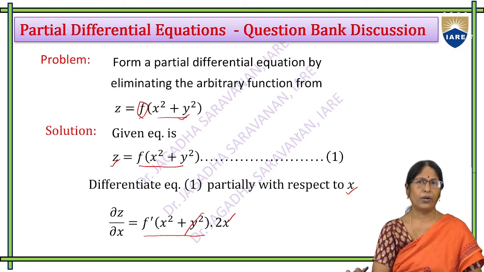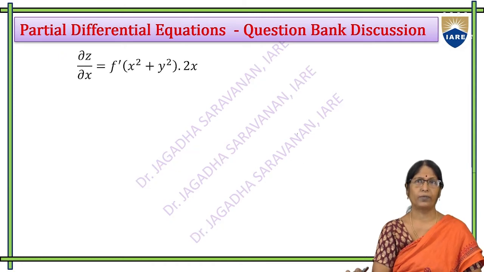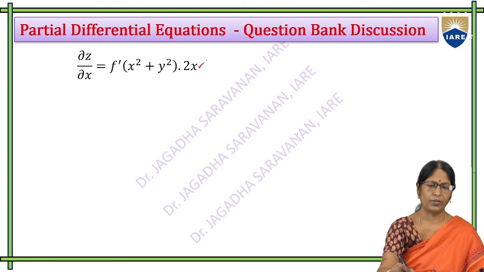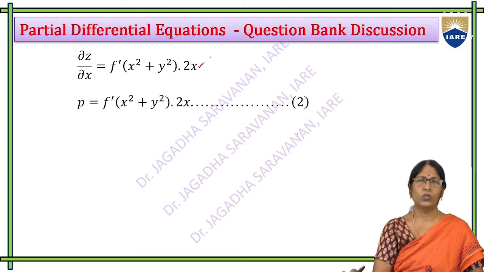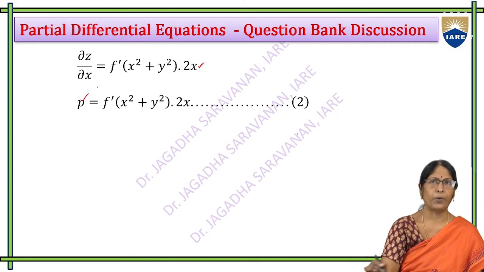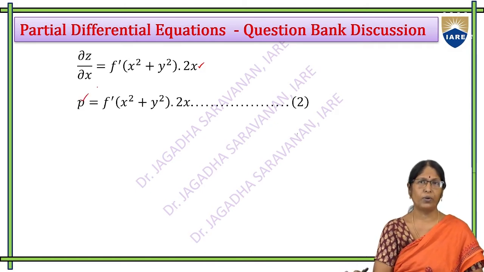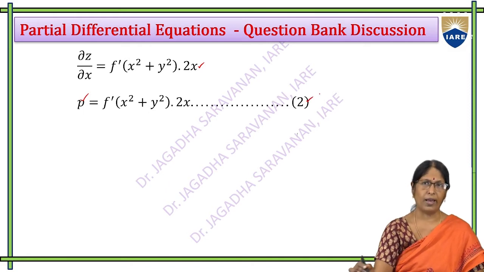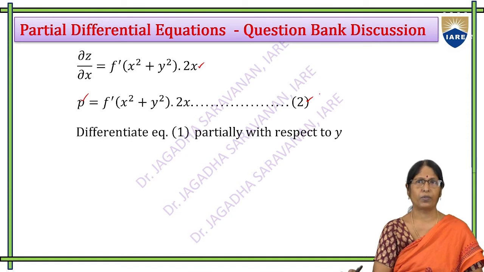So dou z by dou x is equal to f dash of that term into 2x. So dou z by dou x, the notation is p, which is equal to f dash of x square plus y square into 2x. This we are naming as equation 2.